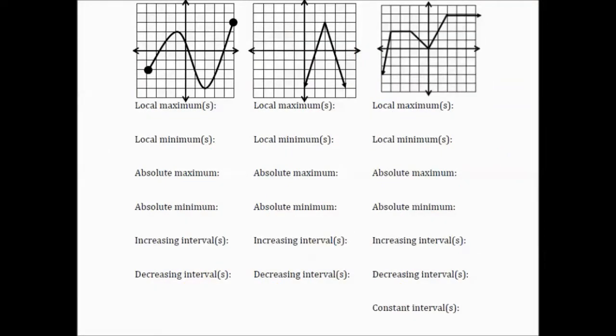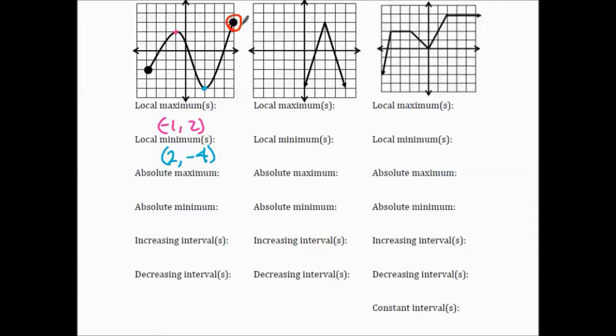All right, for this next graph, we want to look at the local maximum, which again is the top of the hill. So that's this point, which is -1, 2. We have a local minimum at this valley point, which is 2, -4. But the absolute maximum, the highest point of this graph, is actually not our local maximum.